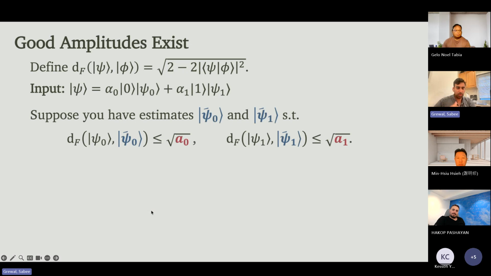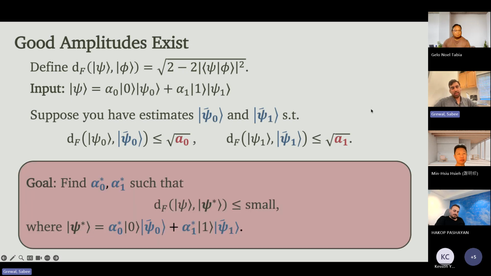Suppose that we're at the point in our algorithm where we have estimates psi0 hat and psi1 hat. Also, apologies, in some of my slides the hats are getting cut off, but these small accent marks are supposed to be hats. But anyways, suppose we're able to recover them to accuracy root A0 and root A1. The question is, do there actually exist good amplitudes that cause the Frobenius distance of our glued together estimate and the true state to be small?